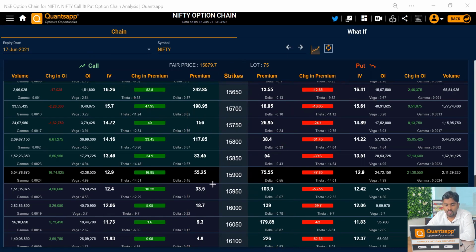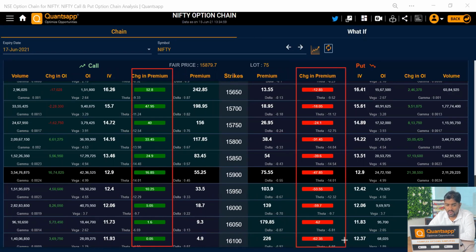Now, what are the things we need to look for? The second column is change. The second column is basically the change in the premium. Here we need to understand a small concept: option premiums for call options specifically are positively related with the spot price.